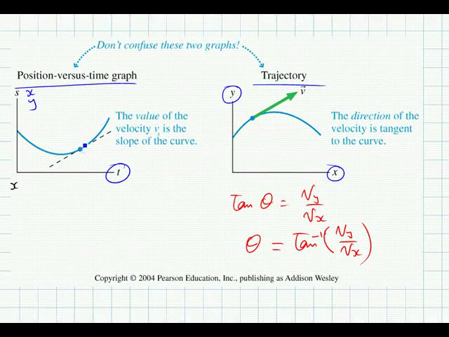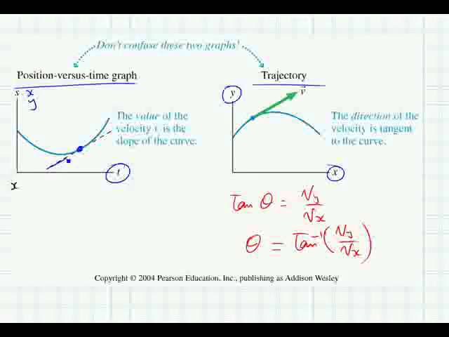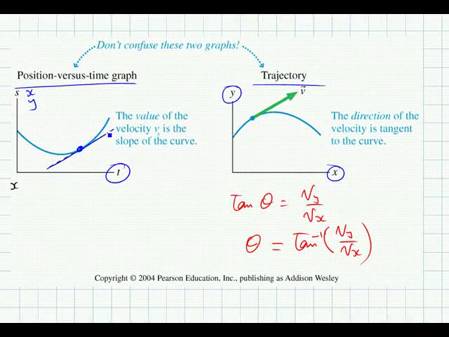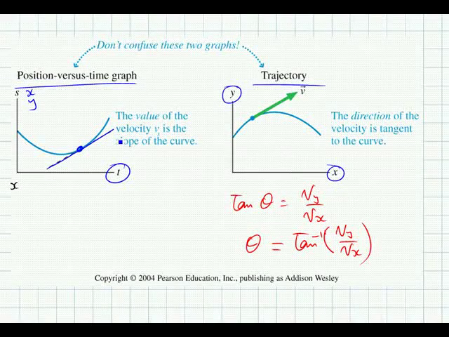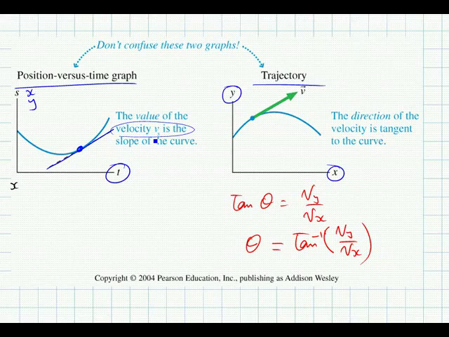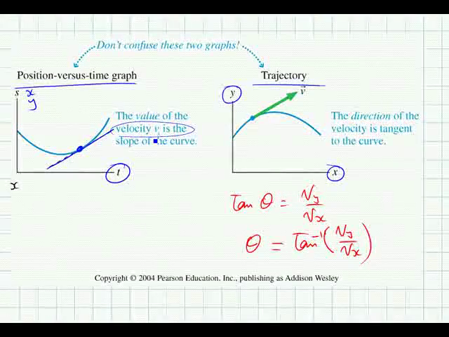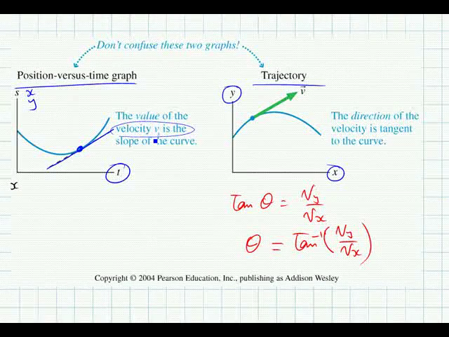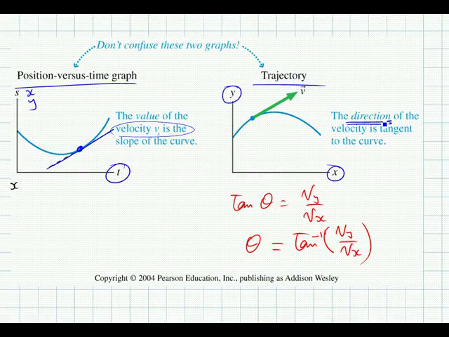Now, as we had discussed in previous chapters, the slope of the tangent of a position versus time plot gives us the value of the velocity, or the speed of the object, whereas the slope of the trajectory plot gives us the direction of the velocity of the object.